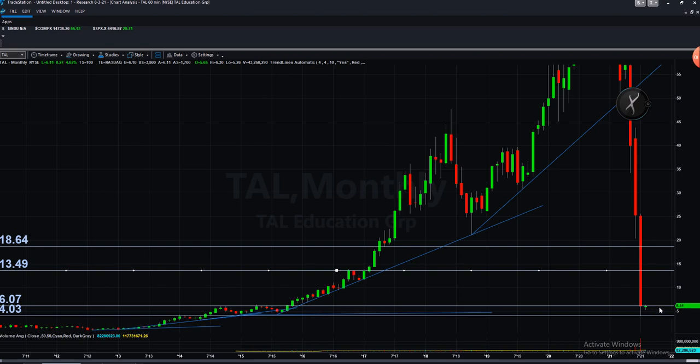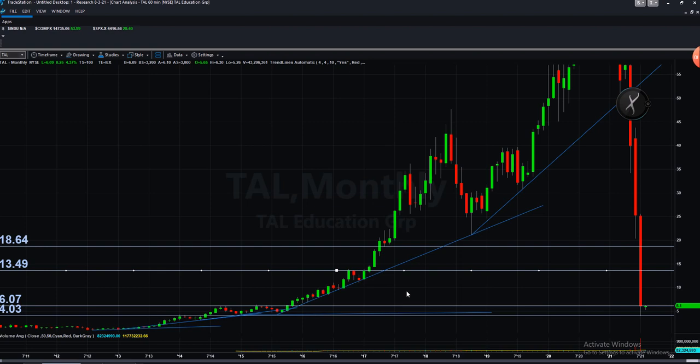If it is able to do that the next few days and not drop below our $6 area, then I'm going to say it's safe to get into an entry investment on this. And then I'm going to be looking for a move to the $13.50 area.